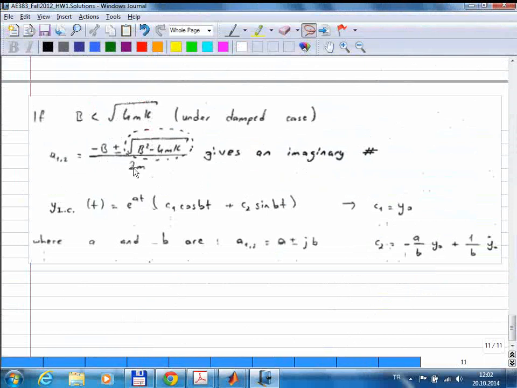In that case, instead of having two exponential terms, you will have one exponential term multiplying a second term, which contains sine and cosine terms. So in this case, you expect to see some oscillations because of these trigonometric terms, right?